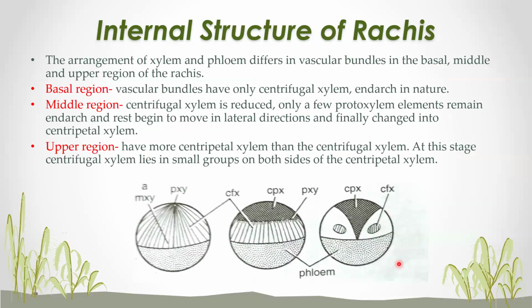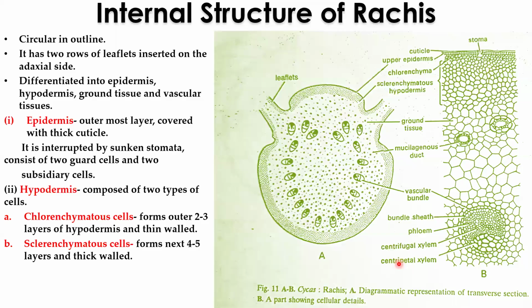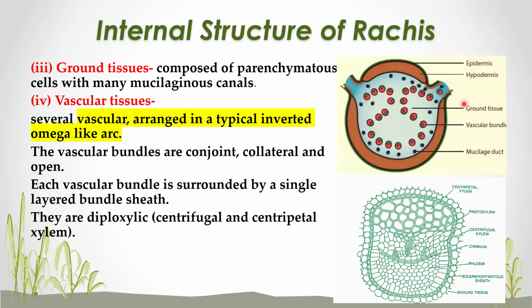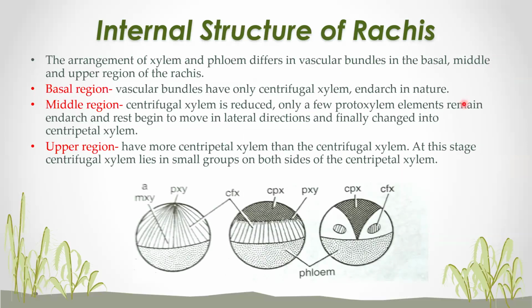Now, as we go from base to apex in the rachis, suppose in this diagram, there are differences in arrangement of xylem and phloem as we move forward toward the apex. In the basal region, the vascular bundles have only centrifugal xylem and they are endarch in nature.